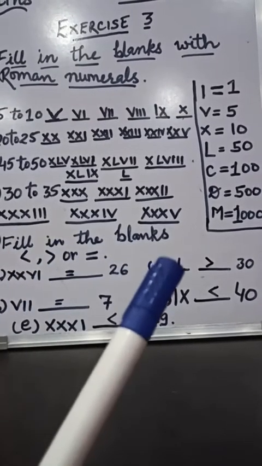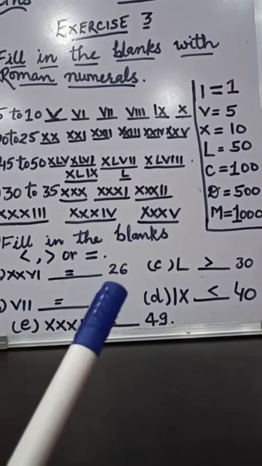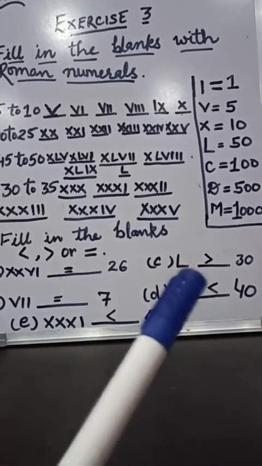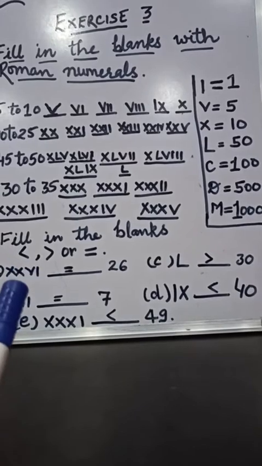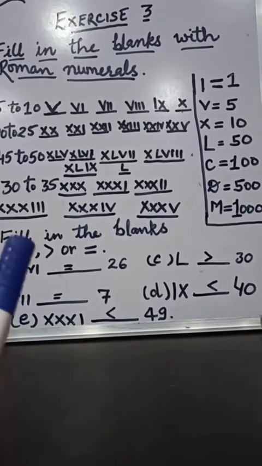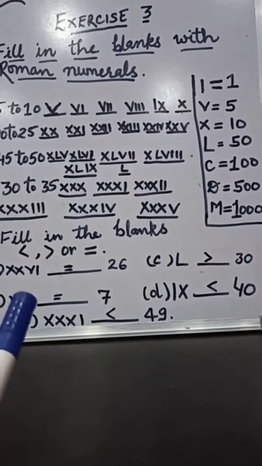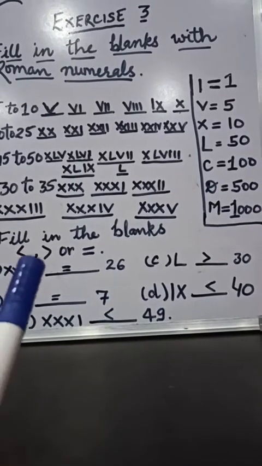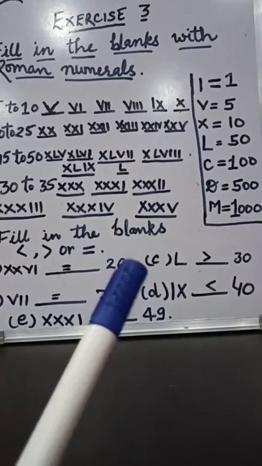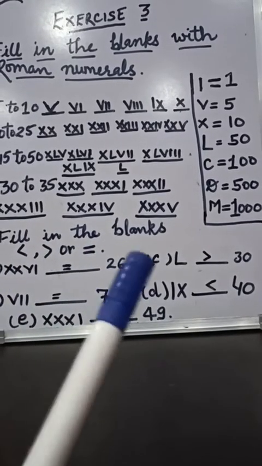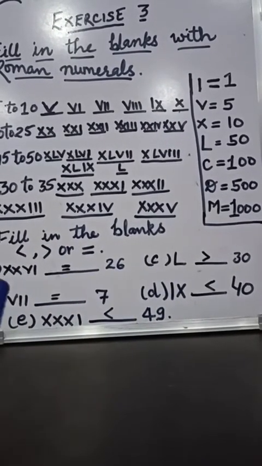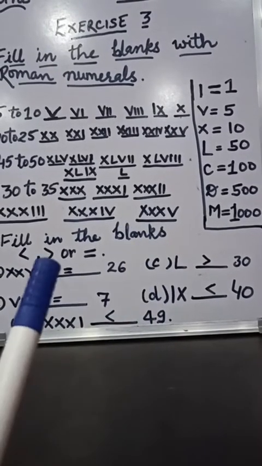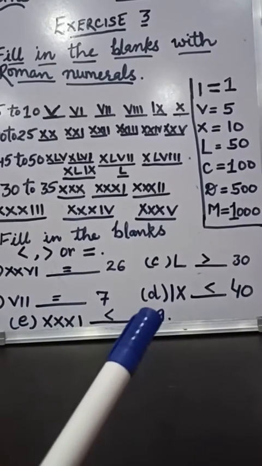Now question 8. Fill in the blanks with greater, smaller or equal. So what you have to do in this question? Here Roman numerals are given and here numerals are given, and you have to compare between the two, whether they are equal or they are greater or they are smaller.